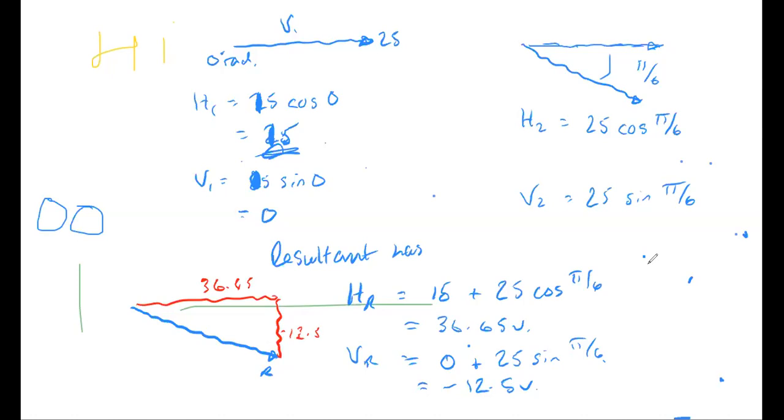How do we find the angle? Do we not use the pi over 6?